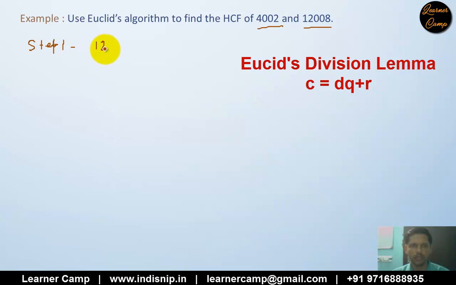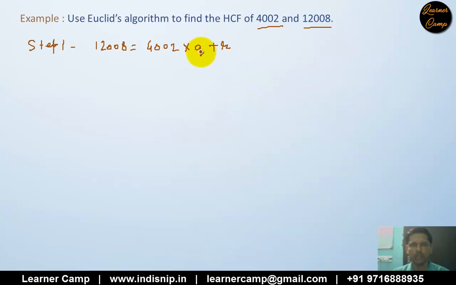So that is 12008 equals 4002 multiplied by q plus remainder r. So we need to find the value of q and r. So we can find it by dividing 12008 by 4002. So let us do that.